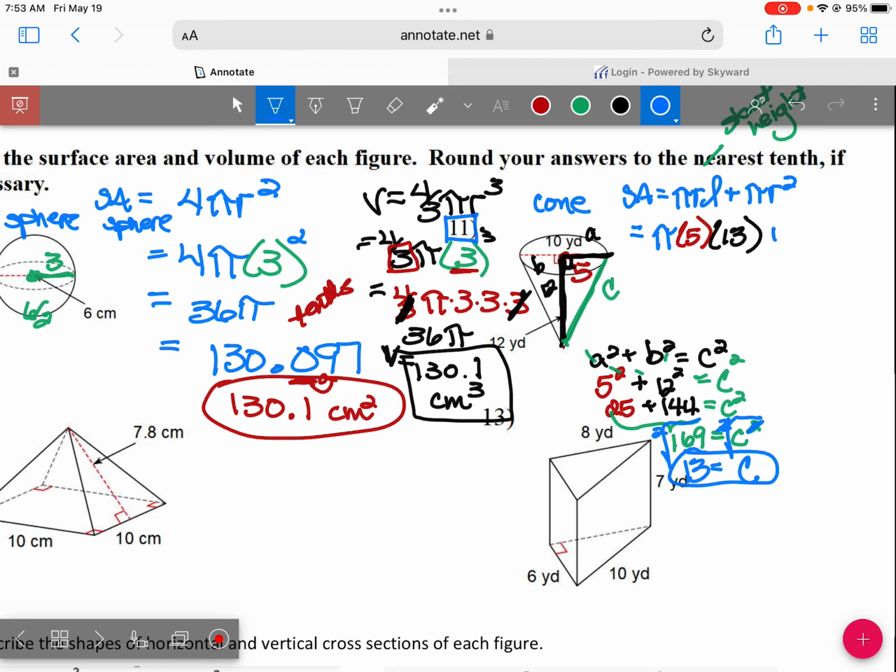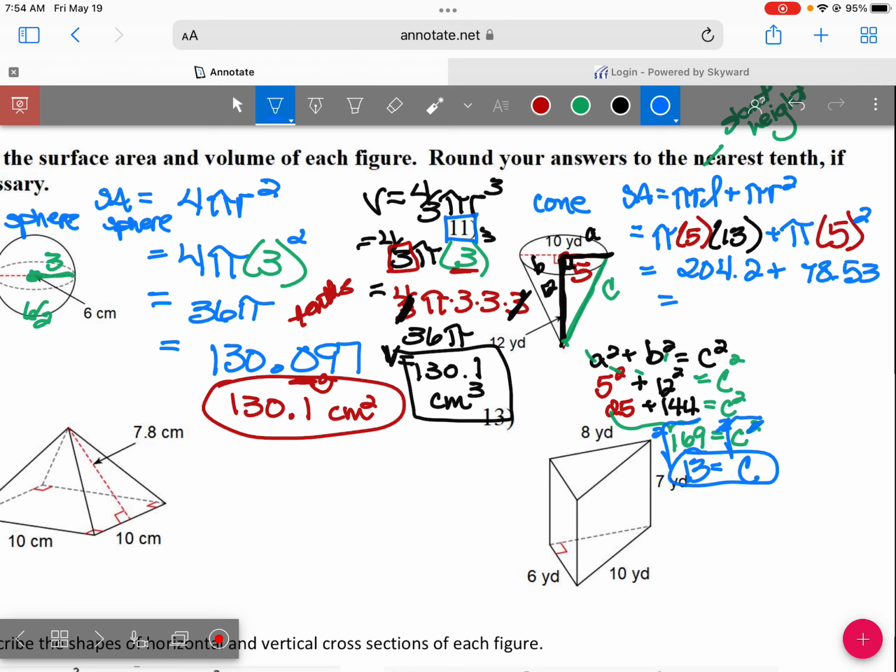And then up here plus pi r squared, we already said the radius was 5. So I have pi times 5 times 13. Let's see what I got for that. I put 204.2 plus pi r squared is 25 pi, which is about 78.53.